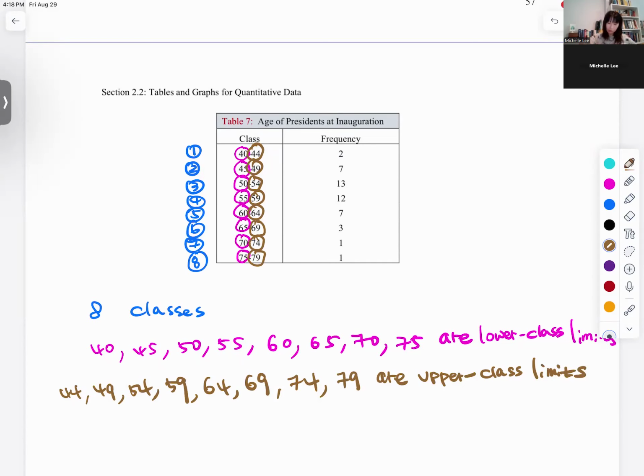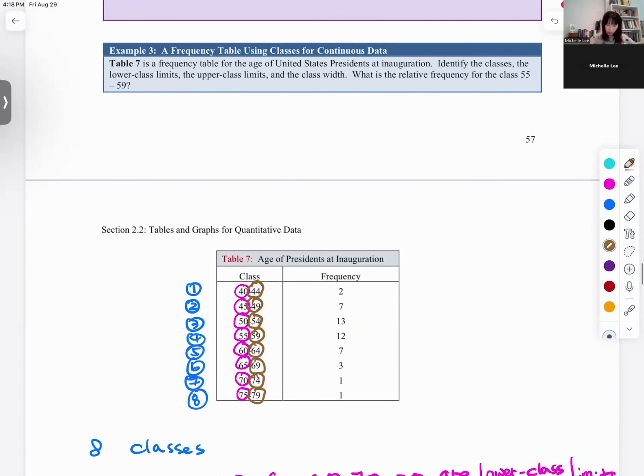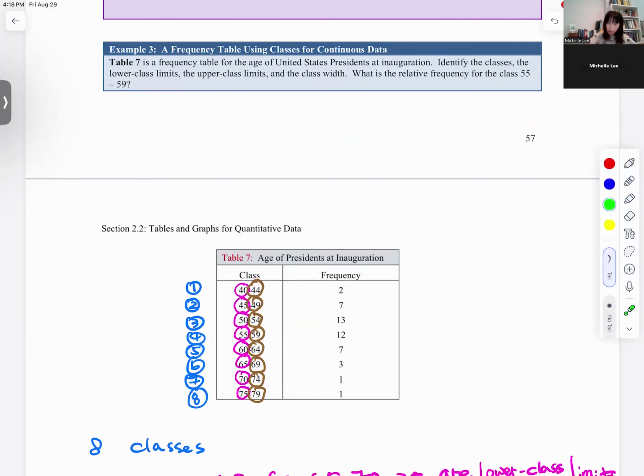Okay, now what are the questions? Class width is any difference between consecutive lower limits or consecutive upper limits.